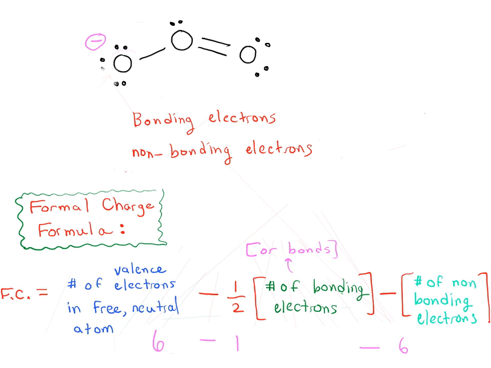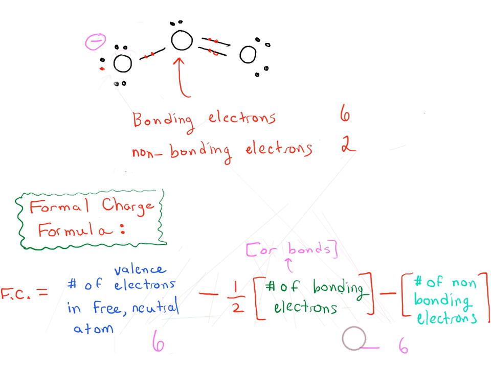Okay, let's look at the middle oxygen. It's got 2 electrons per bond, so a total of 6 bonding electrons. And non-bonding electrons, it's only got 1 lone pair, so a total of 2.